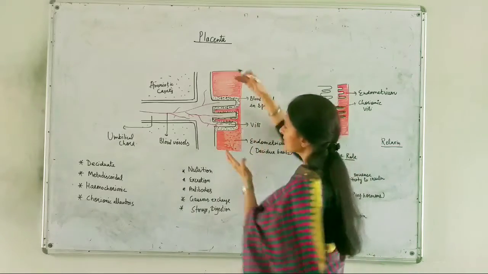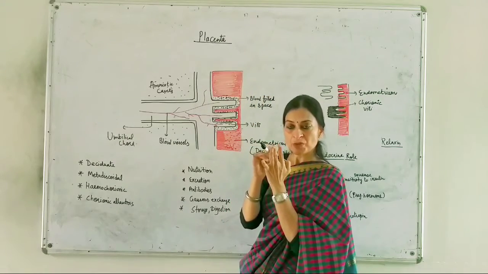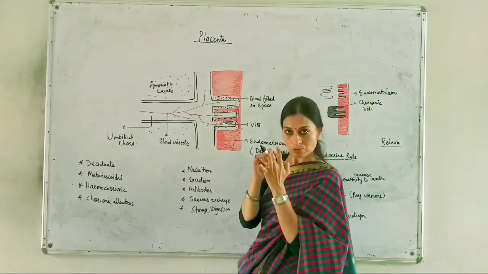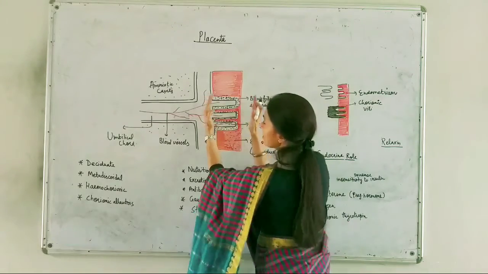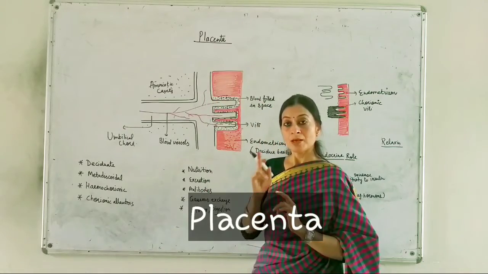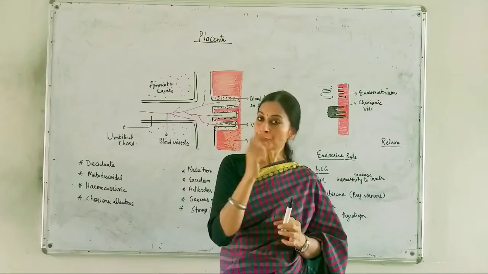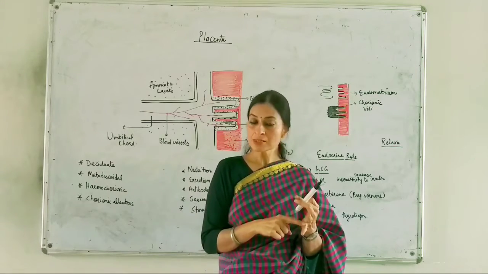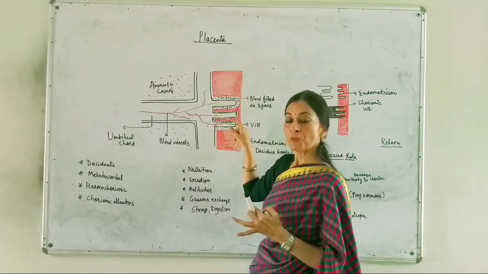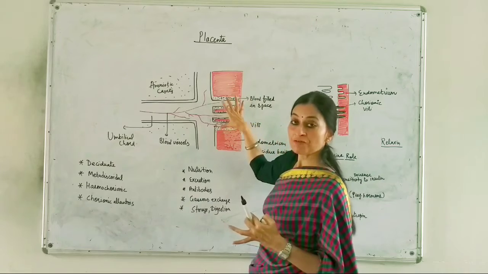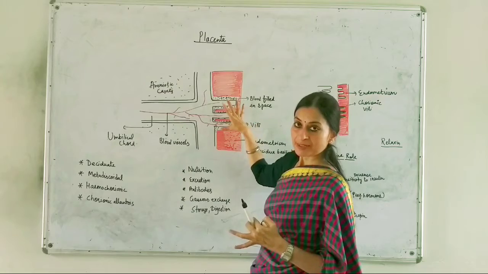So this tissue having the chorionic villi, the space, the blood which belongs to the mother, and this wall, this complete area is known as the placenta, because this area is formed by contribution from the fetus as well as by the endometrial wall of the mother. That's why it is known as the feto-maternal connective, and this is the placenta.